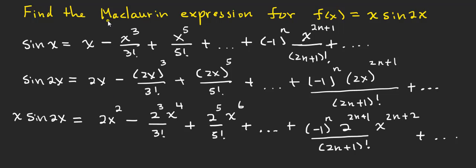And when you distribute the x to each term, you will get 2x squared minus 2 to the third over 3 factorial times x to the 4, because this is x to the third, but you're distributing the x. So this becomes x to the 4. So that, and you get the rest of the terms. And this is the Maclaurin expression for x sine of 2x.